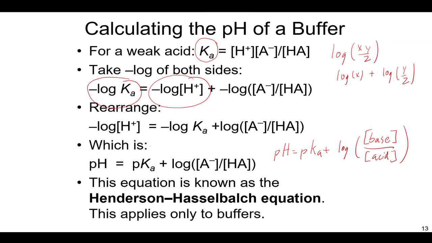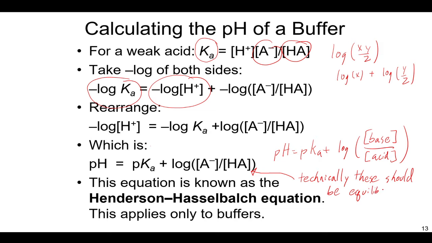So that's the Henderson Hasselbalch equation. We can see how we can actually apply this. One note here is that technically, right, these concentrations here, since they're derived from these concentrations, technically these should be the equilibrium values, right?